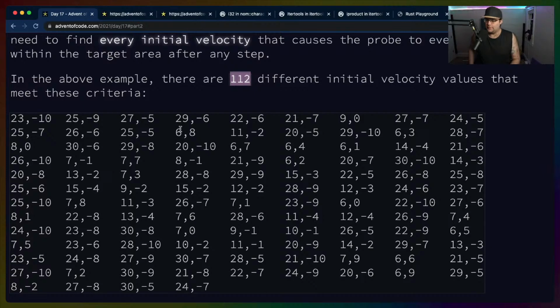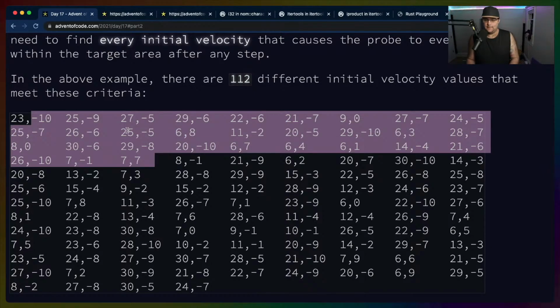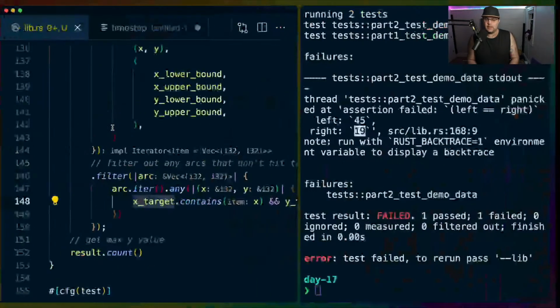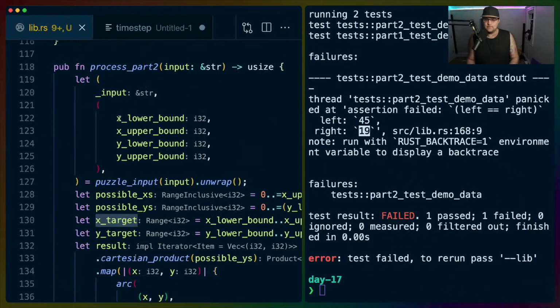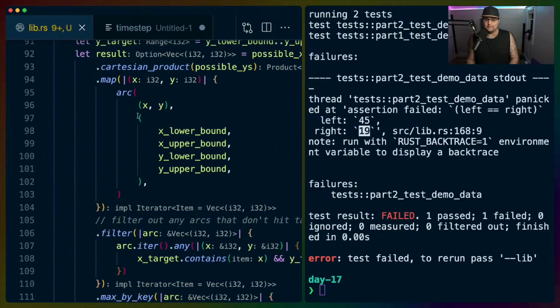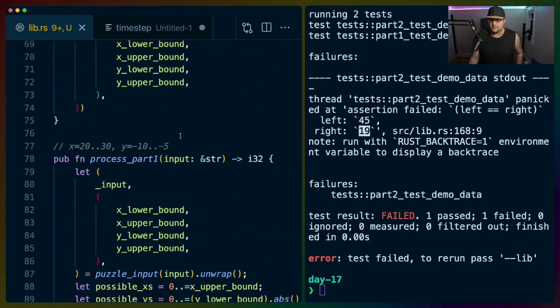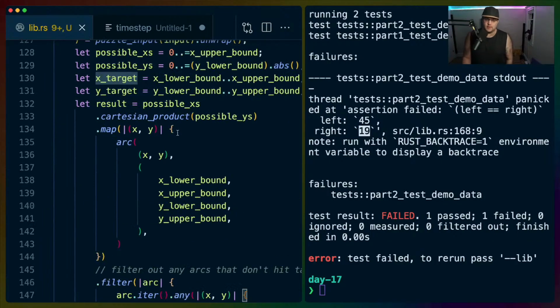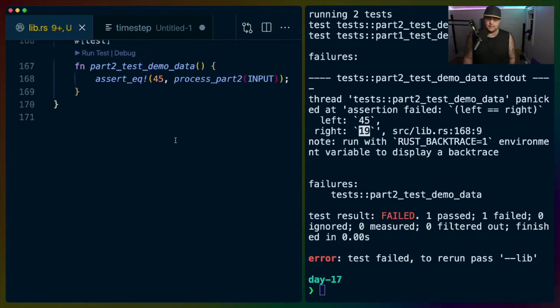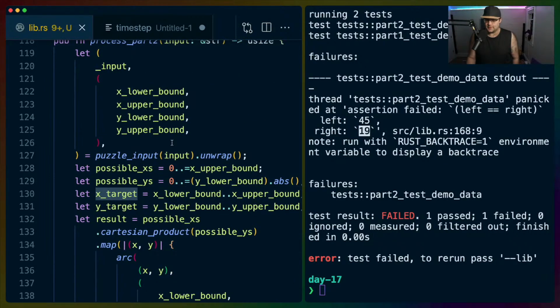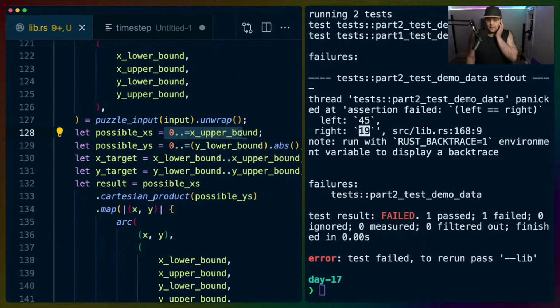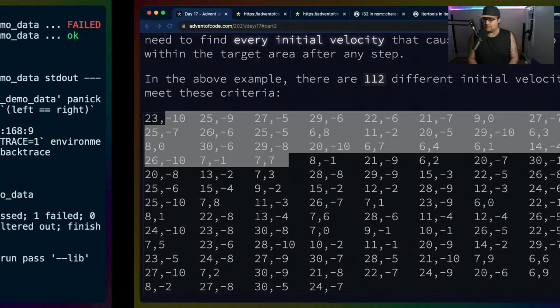Is that because I'm going from 0? Apparently we can go negative too, right? So that's not great. Where's process part 2? Process part 2, we go possible x's, we limit them to 0, so I think that's what we need to handle.